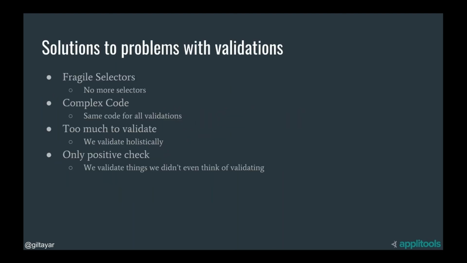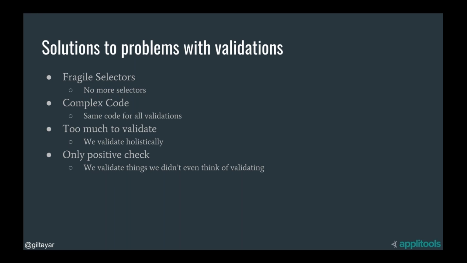Why? Let's look at the problems we had with validations. The fragile selectors problem is gone because we're not doing any more selectors. We're just taking a screenshot of the whole page. We're not checking each field separately. Complex code is gone. The same validation, which is taking a screenshot and comparing it, is the same code for all validations. Is there too much to validate?